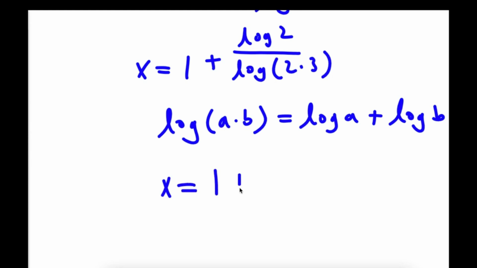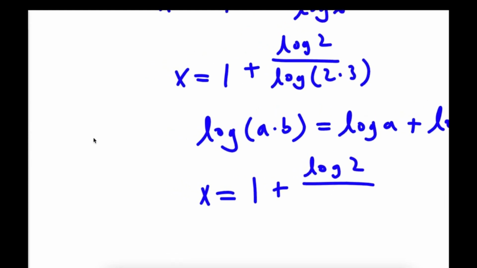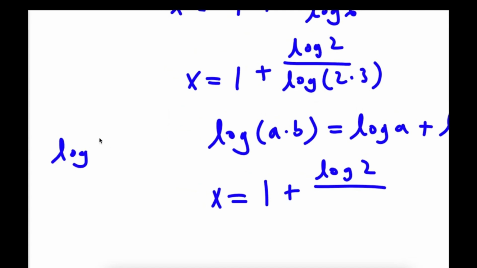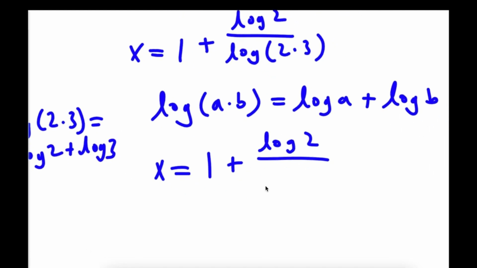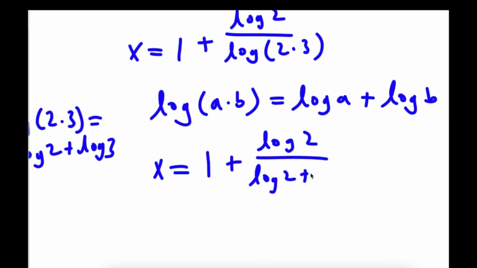So we have x equals 1 plus log 2 over log 2 times 3. This would equal log 2 plus log 3. So I have log 2 plus log 3.